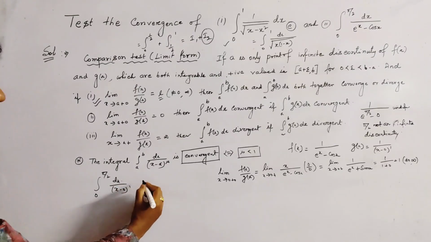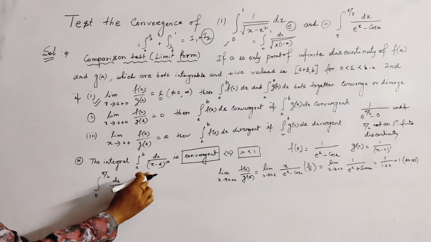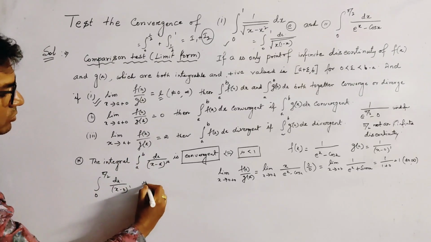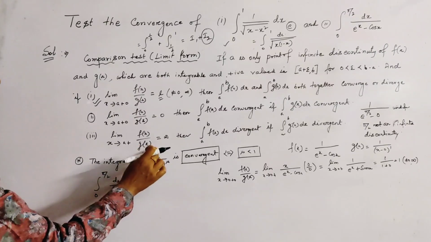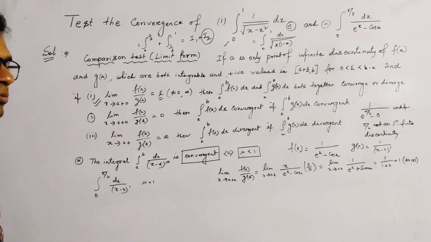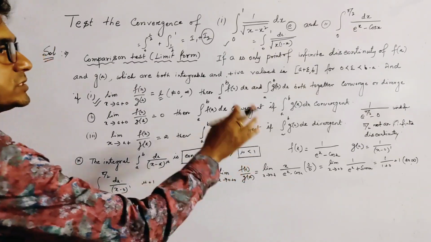For this integral we use this result. Here mu is equal to 1, and we know that the integral a to b of dx by x minus a whole to the power mu is convergent if and only if mu is less than 1.